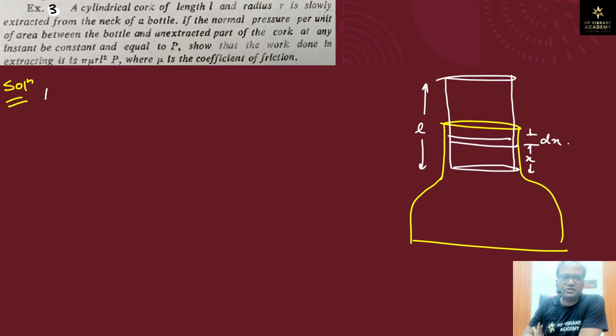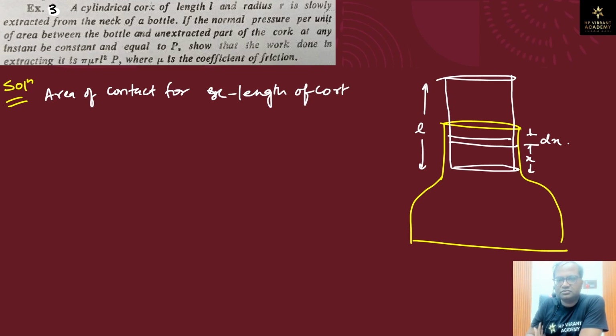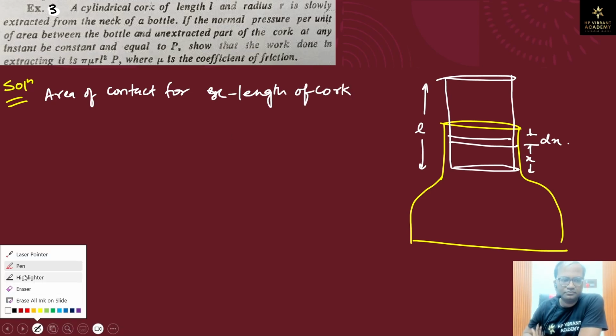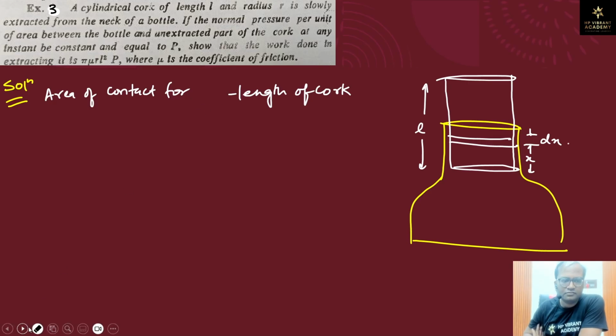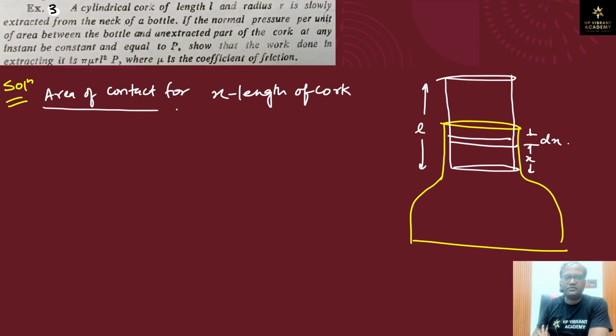So the area of contact for x length of the cork. For x length of the cork, what will be the area of contact? This is 2 pi, the radius is r.